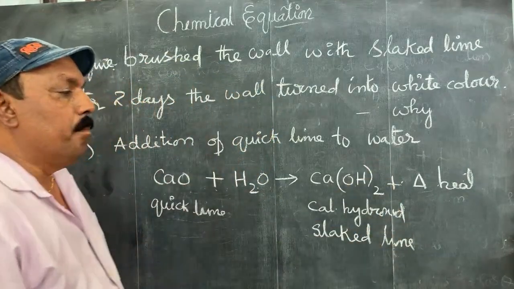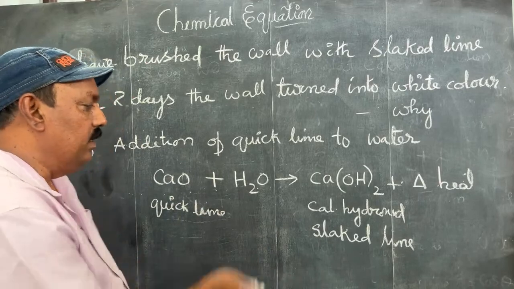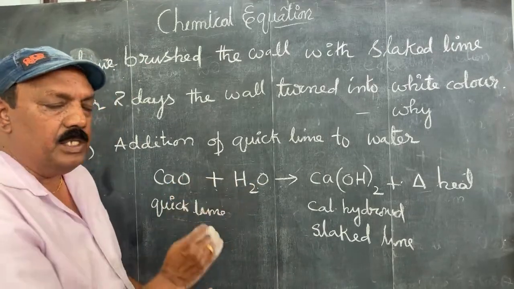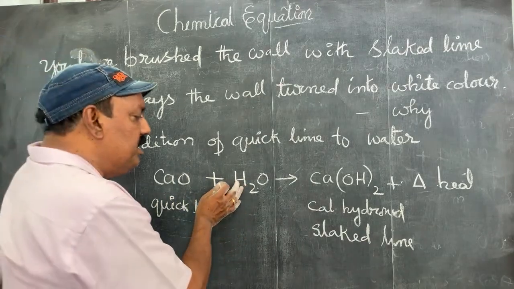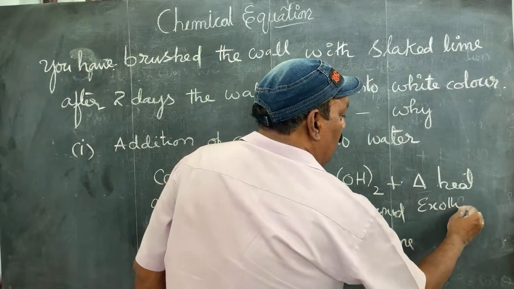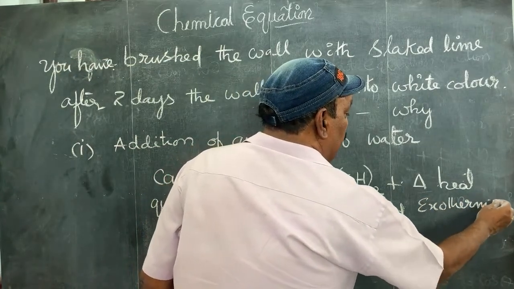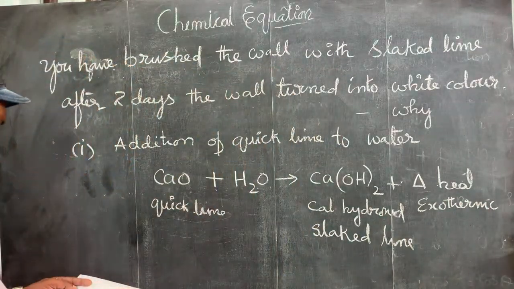A lot of heat is released when we touch the glass vessel where these two chemicals are mixed. Immediately we get a lot of heat. That means this equation is nothing but an exothermic reaction. A lot of heat is going to be released, exothermic reaction. So this slaked lime, what are we doing?